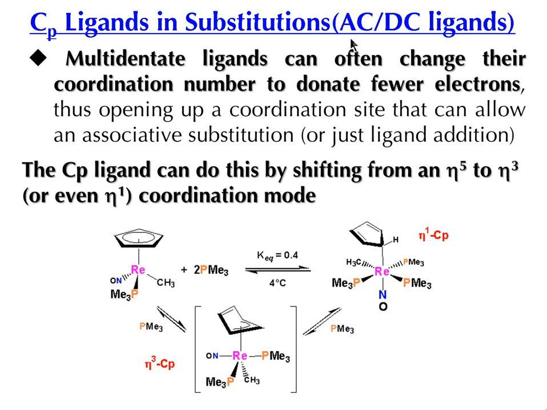Cp ligands in substitution, or hapticity-changing ligands. If we have, for example, around the metal center a ligand that can change its hapticity, for example, if we have Cp around M with hapticity eta-5, the Cp can transform the hapticity from eta-5 to eta-1. So it will release the place for the addition of 4 electrons, as shown in this example of rhenium.